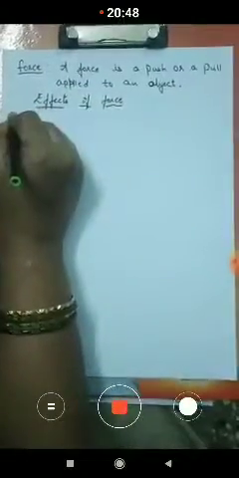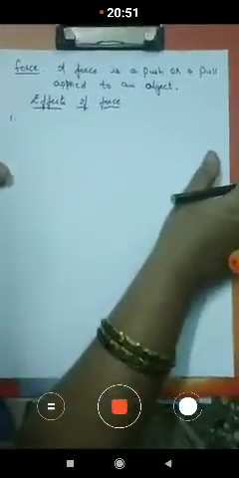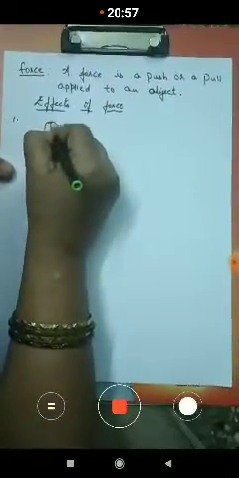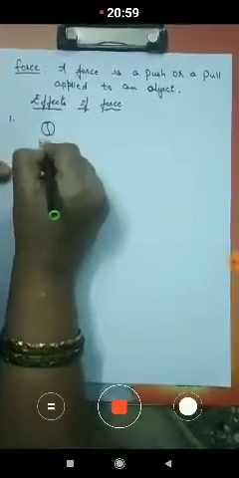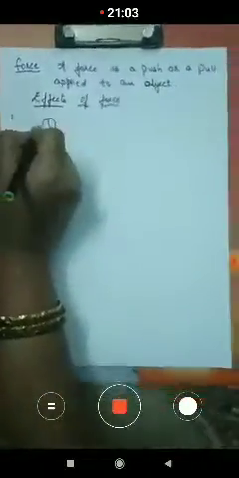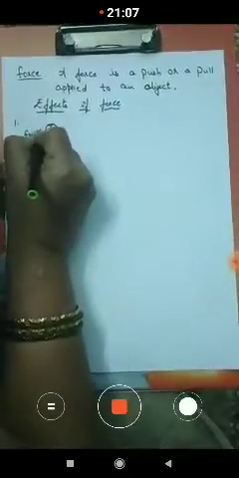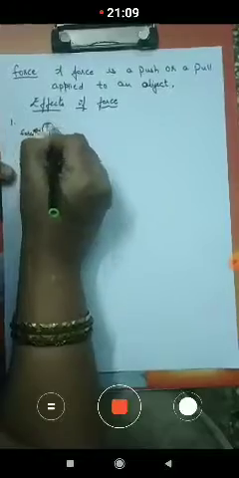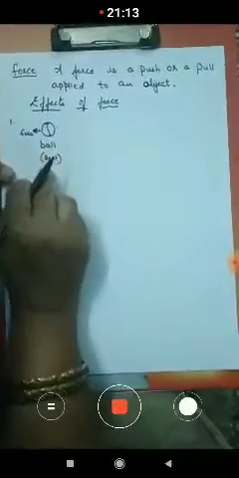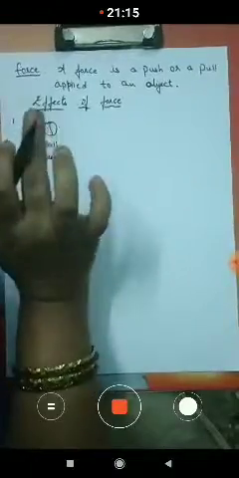For example, now there is a ball. You think there is a ball. Now I am applying a pressure, I am applying the force. The ball is in rest position on the table.